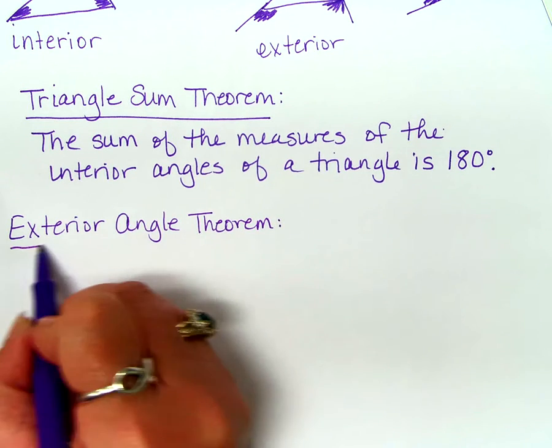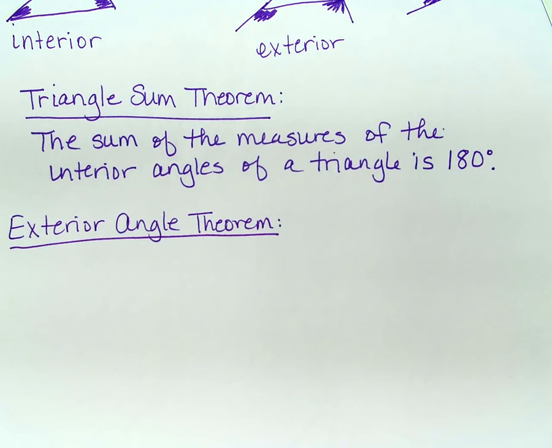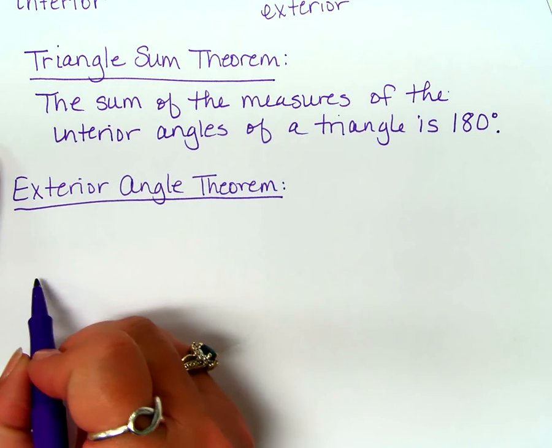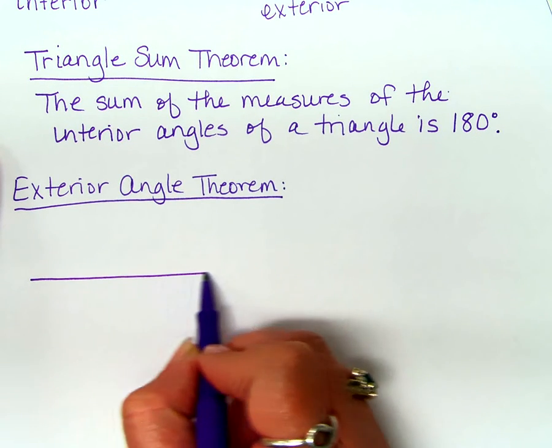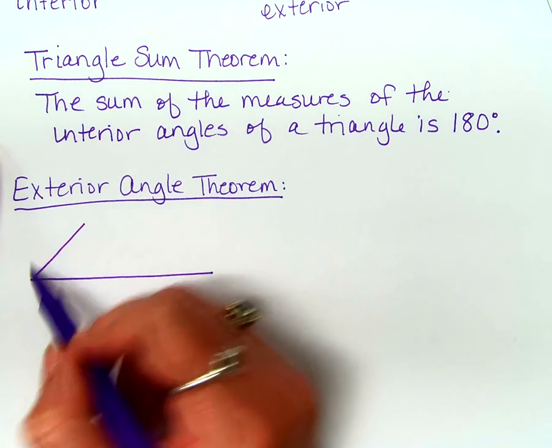Let's talk about the exterior angle theorem. Because this first one dealt with the interior angles, right? Would it make sense that there's also an exterior angle theorem? Yes? Okay. I'm going to give you a drawing for this theorem to help us understand and relate to some of the things we're going to talk about.